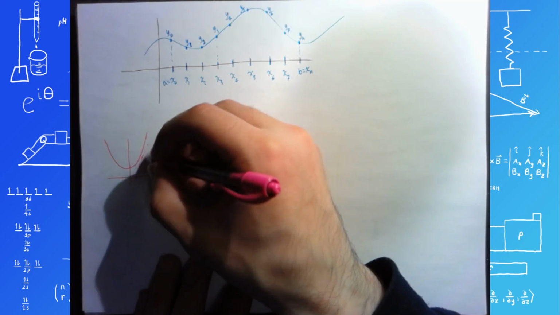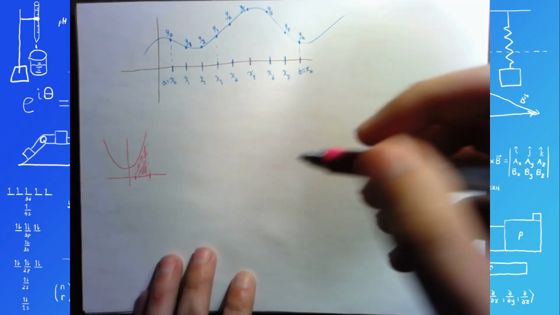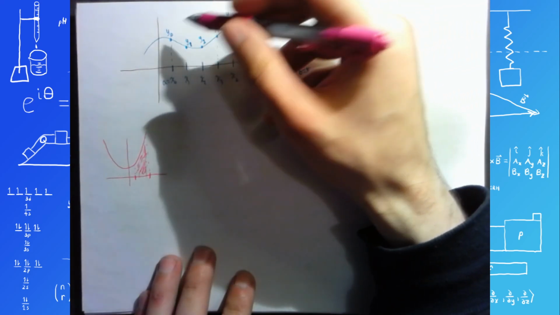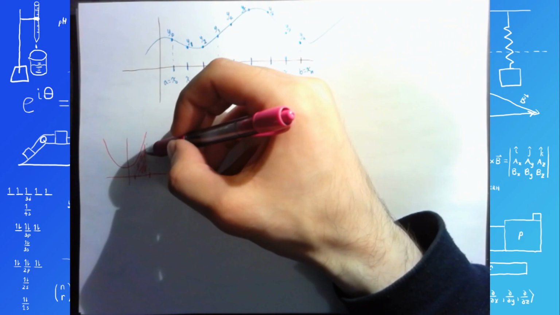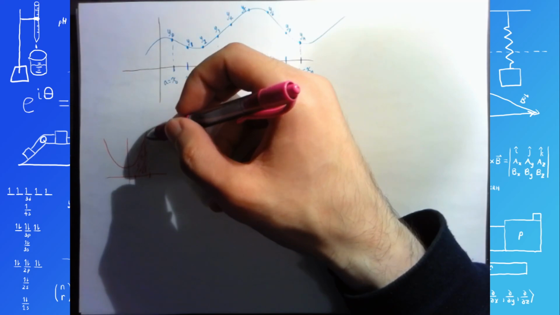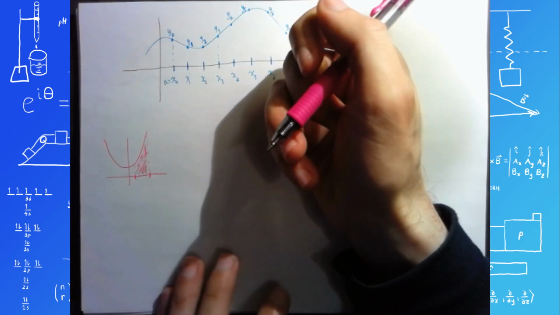So we can basically split the area under this curve into areas that themselves have at least some curvature above them, if nothing else.